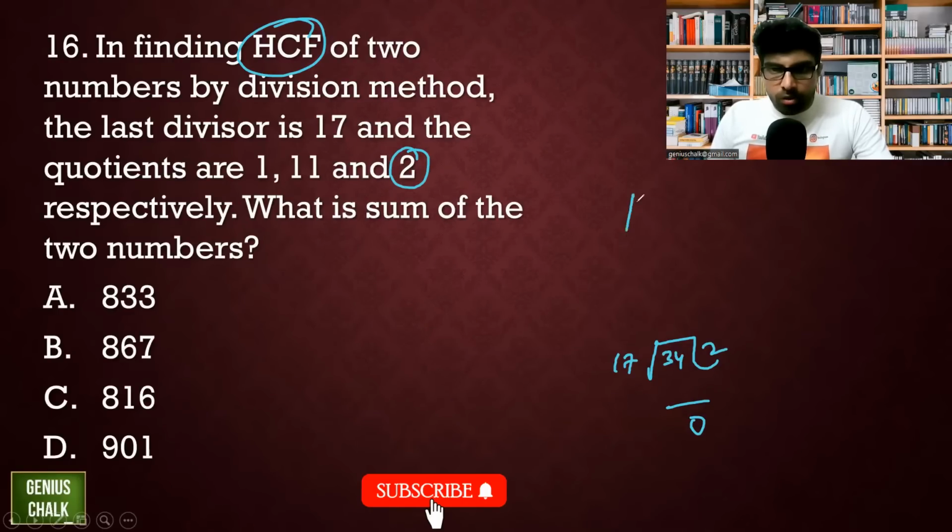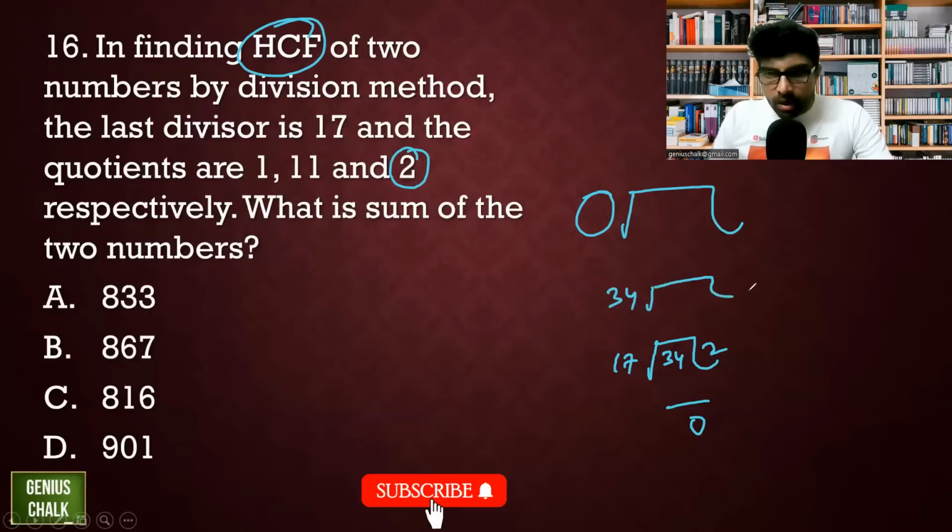And the logic of HCF: once we divide and get the remainder, whatever divisor was there comes here. So in the earlier case, 34 was my divisor, and the quotient was 11.